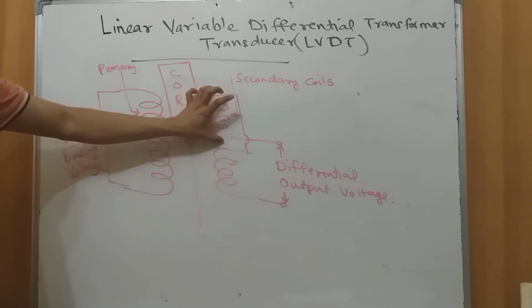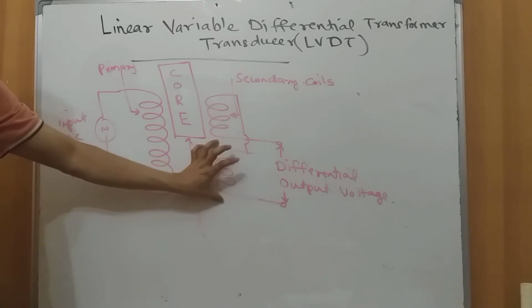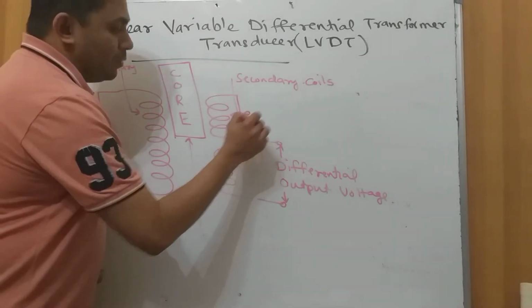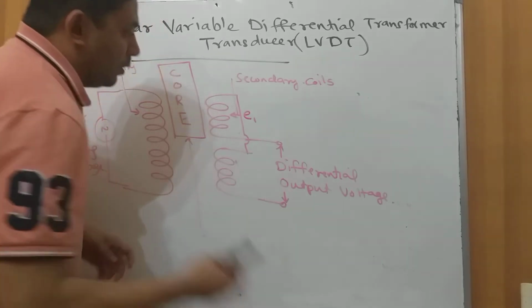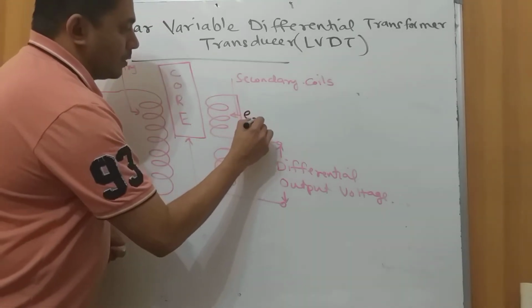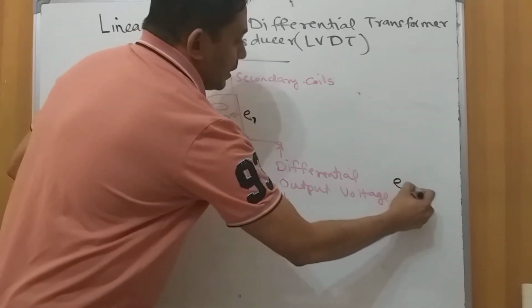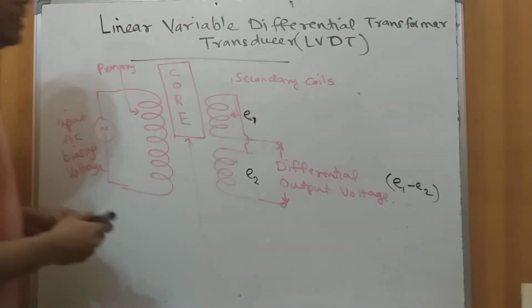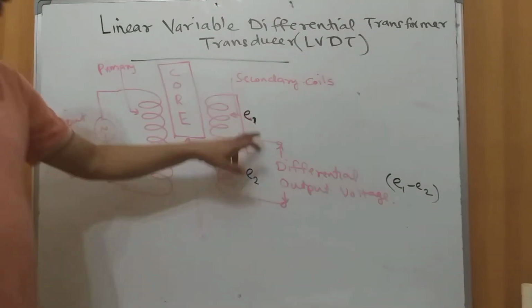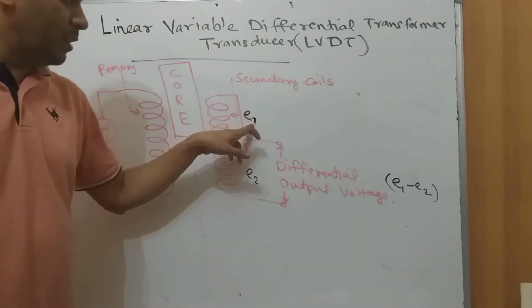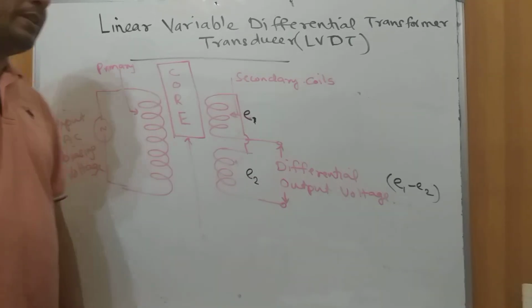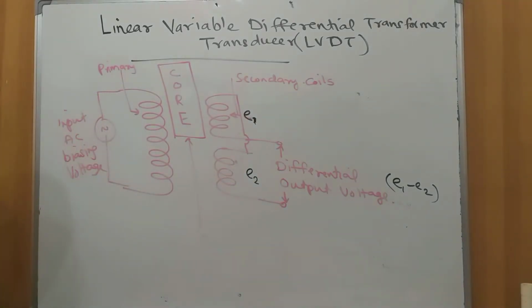As a result, this voltage will be more than this voltage. If the voltage across this coil is E1 and the voltage across this coil is E2, and let us assume that we take the voltage E1 minus E2, since E1 is more than E2 in this particular condition, the net voltage is going to be a positive voltage.